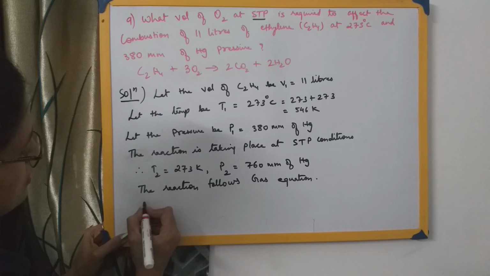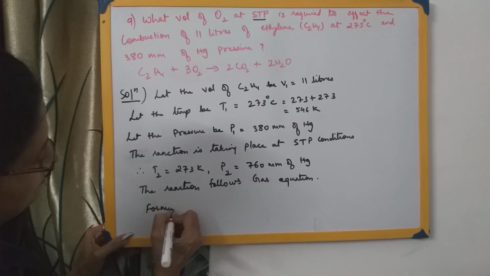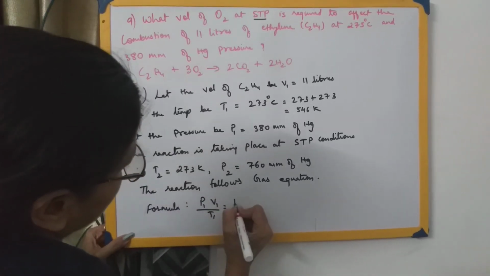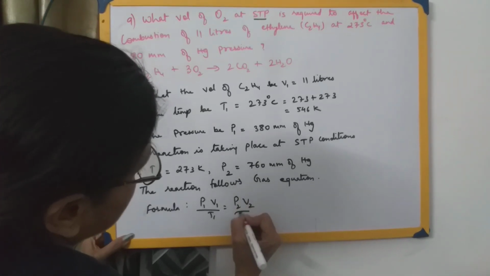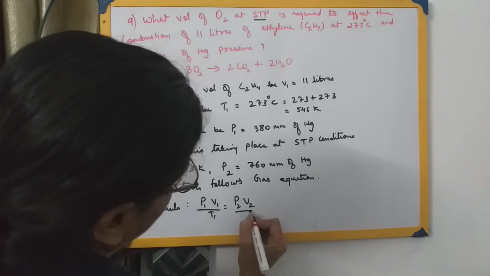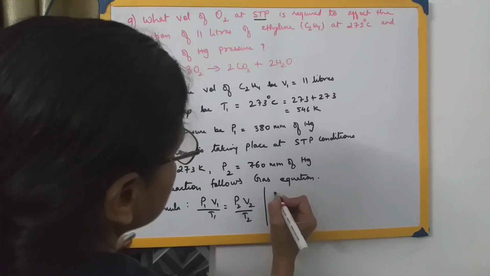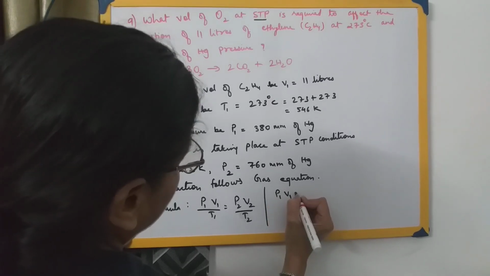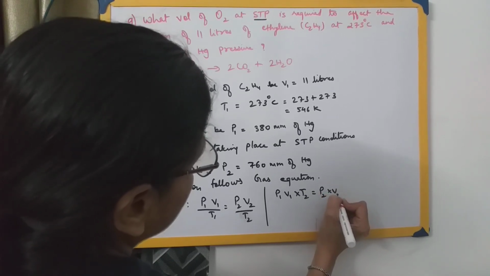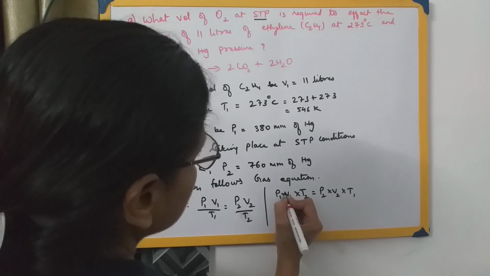The formula that we need to use is P1 V1 by T1 is equals to P2 V2 by T2. That is P1 V1 into T2 is equals to P2 into V2 into T1.